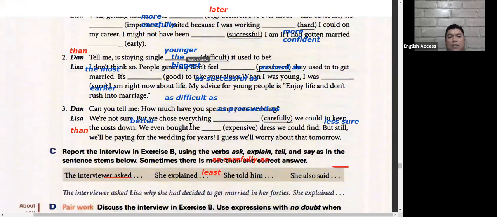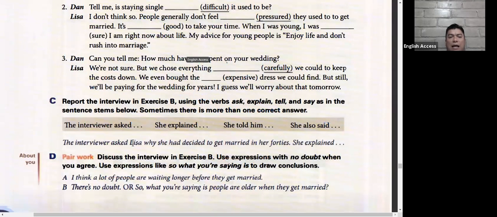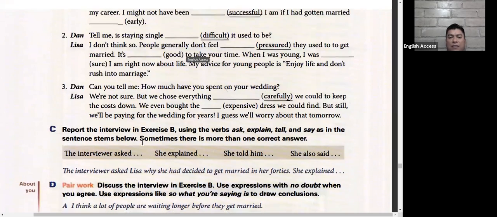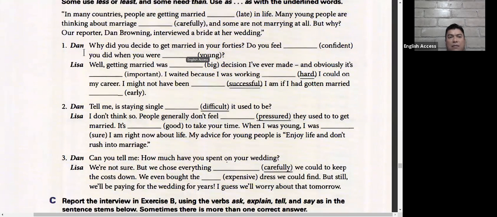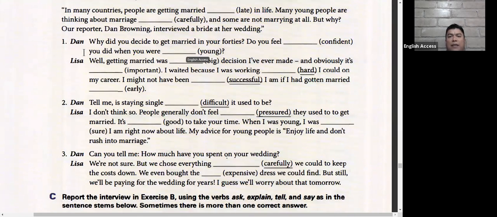The example is: the interviewer asked Lisa why she had decided to get married in her 40s. She explained. Okay, what you have to do is tell us all of this interview again, but in reported speech, please.